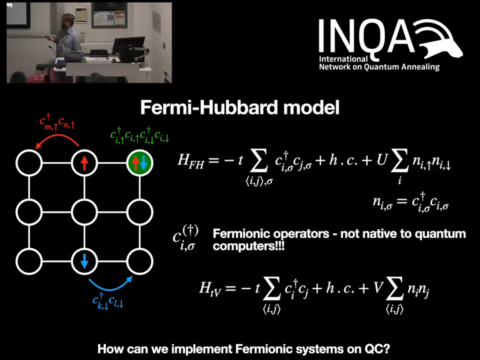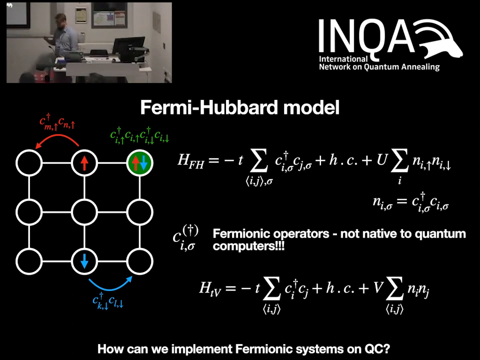Fermi-Hubbard models are given by a Hamiltonian composed of fermionic creation and annihilation operators, with hopping between sites and on-site interactions. In this work we are also exploring spinless models, kind of tight-binding models, where each site can be occupied by a spin-up or spin-down particle, that is, a fermionic particle.